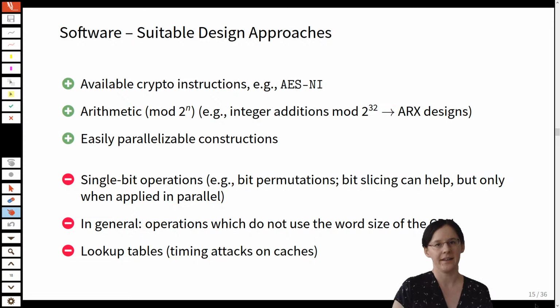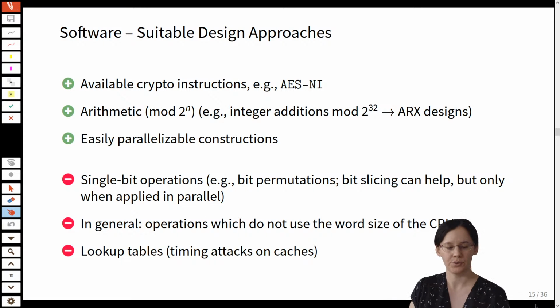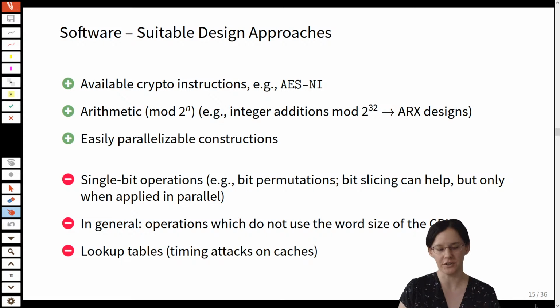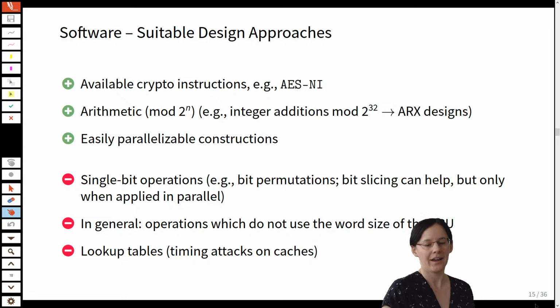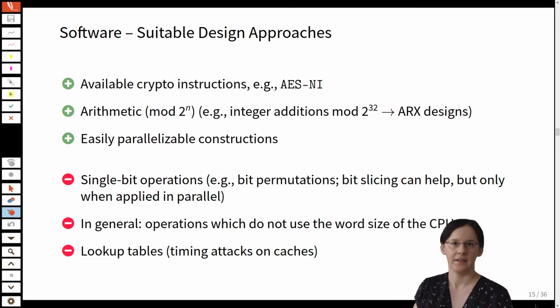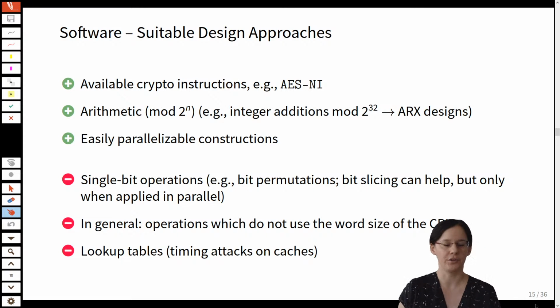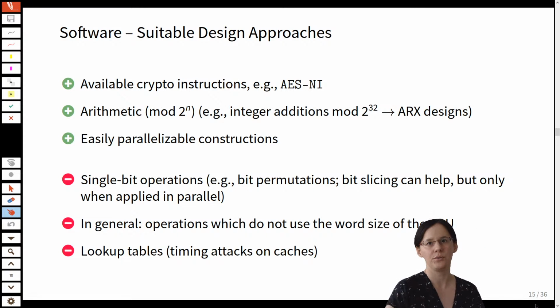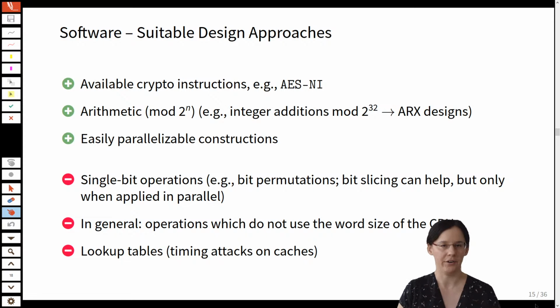So doing things like XOR and rotations works nicely. Arithmetic modulo n, so things like integer additions, works reasonably well as well. So you have the ready-made instructions. And what also works well is anything that you can parallelize nicely, where you can really take advantage of your CPU pipeline and do multiple things in parallel without always having to wait for the result of the previous computation.